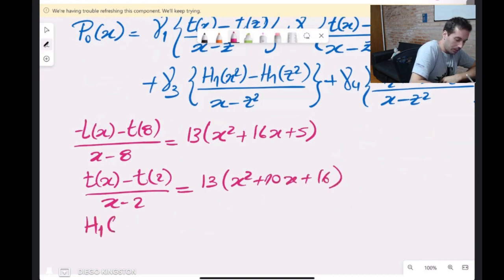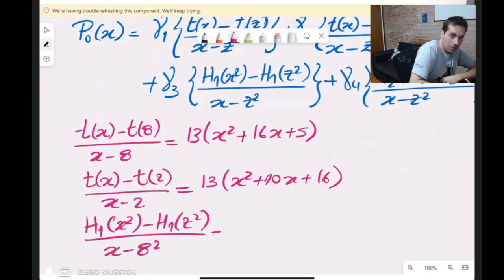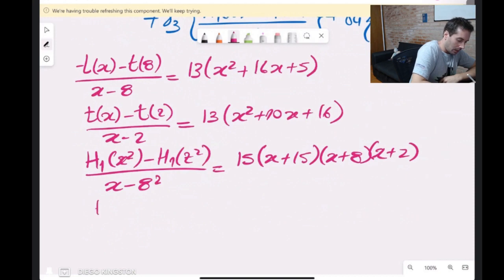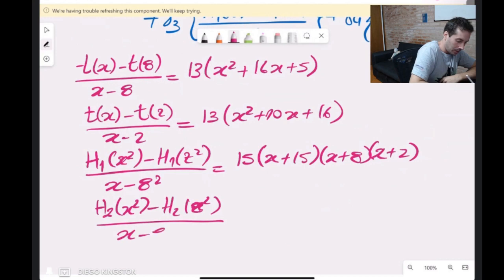And then we have also these other polynomials, and this is 15x plus 15, x plus 8, x plus 2, and h2 of x squared minus h2 of z squared, which is 8 squared, over x minus 8 squared. This is 9 times x plus 8.